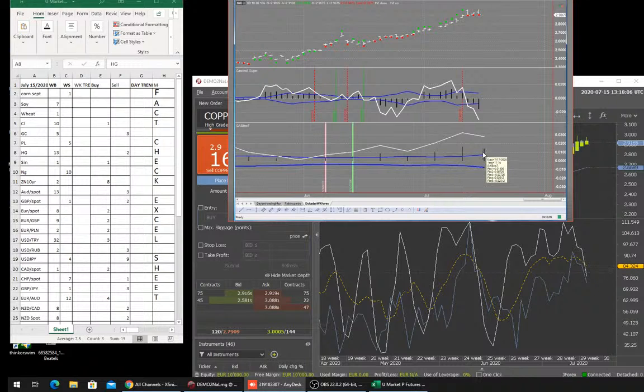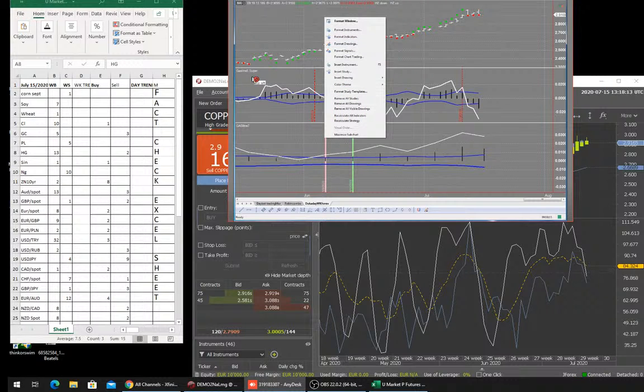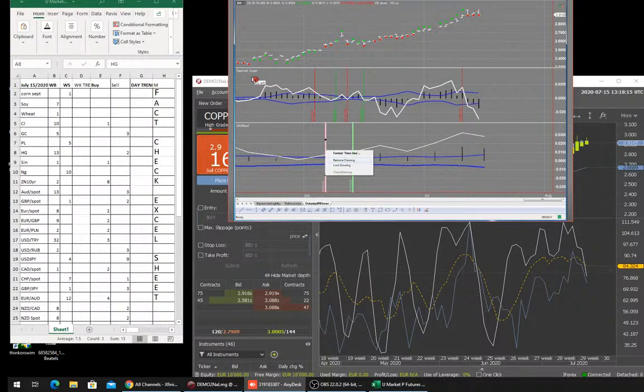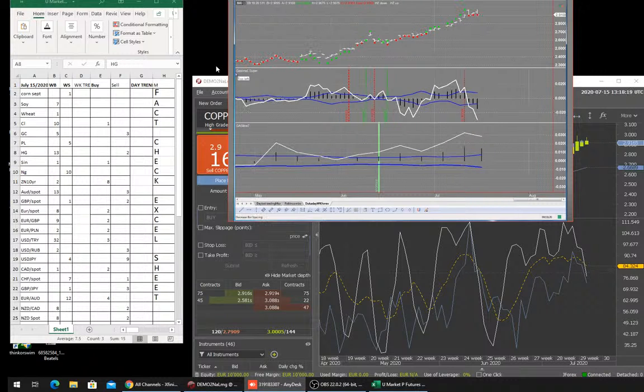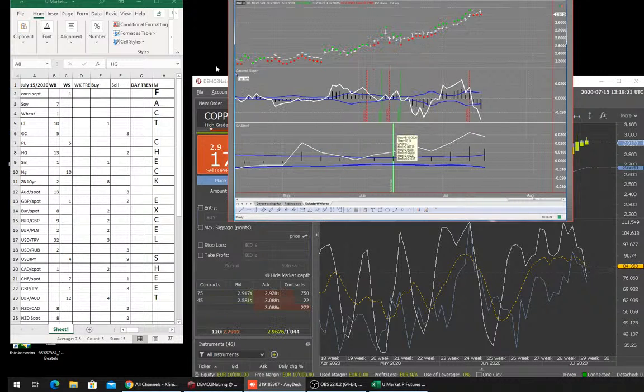Wait a minute. How is that pink even in there? Remove. Now let's contract and get that green where it belongs. Back in there. 3, 4, 5, 6, 7, 8, 9, 10, 11, 12. So it's 11 weeks, not 13 weeks.